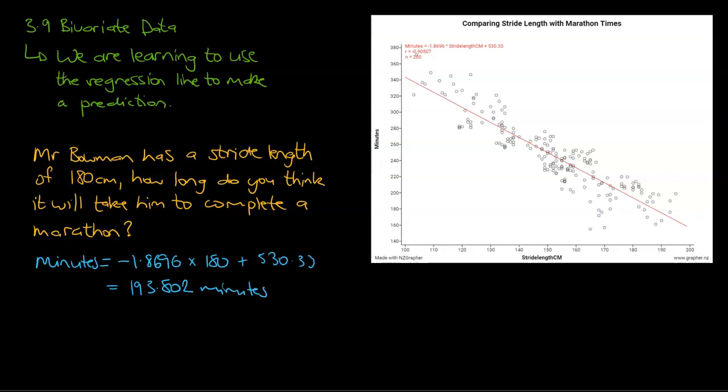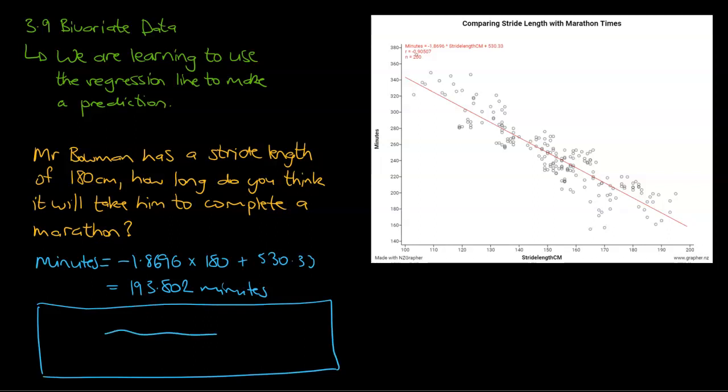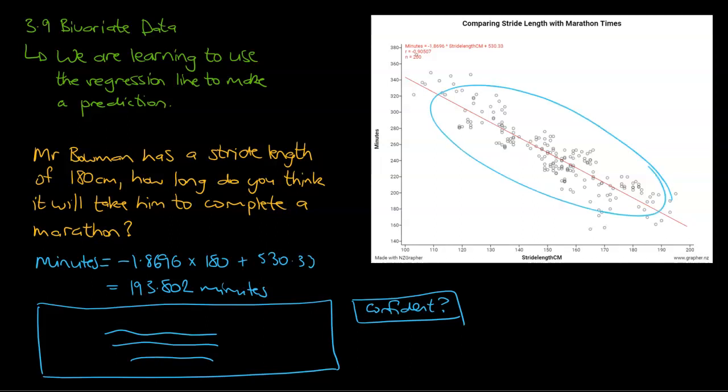I'm not going to do the full wording for you this time, but like our previous one, you would write a paragraph about, based on my regression line, I would predict and so on. But this one's maybe a bit more interesting, because if you were going to talk about the merit and excellence stuff, about how confident you were, you could talk about the context of it a little bit more. All these people who've done the marathons here are trained marathon runners.